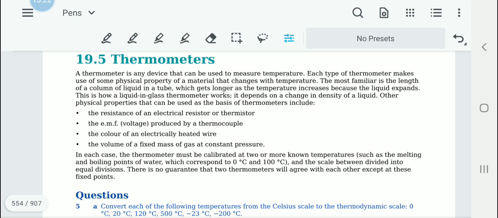Number 3, the EMF voltage produced by the thermocouple. Color of an electrically heated wire. Next one, the volume of a fixed mass of gas at constant pressure.